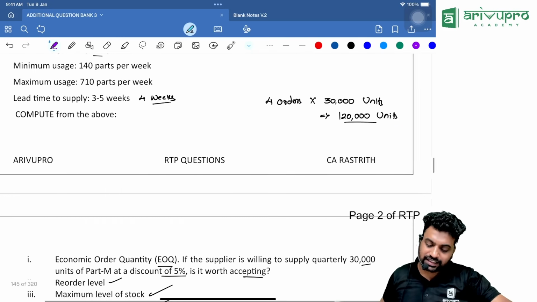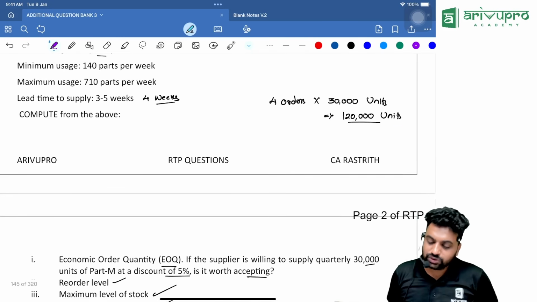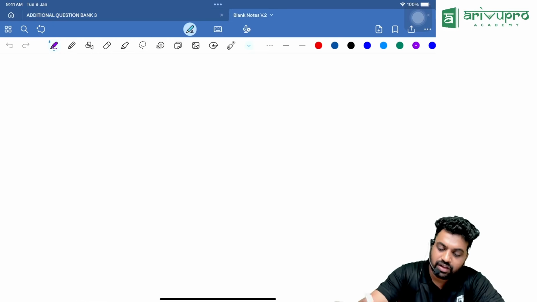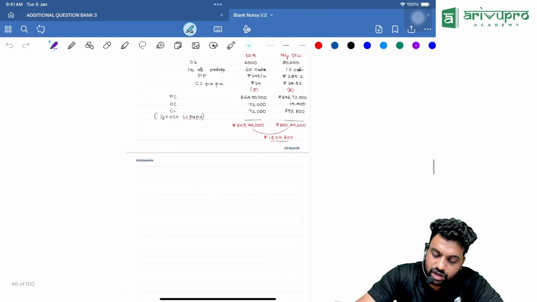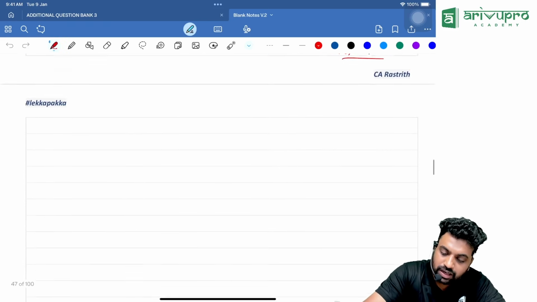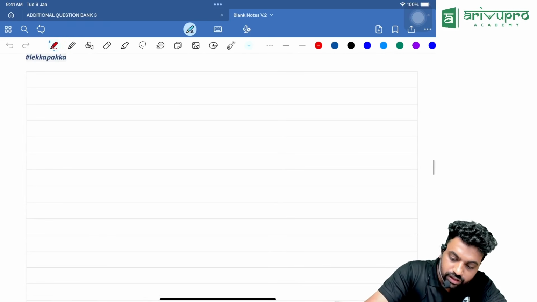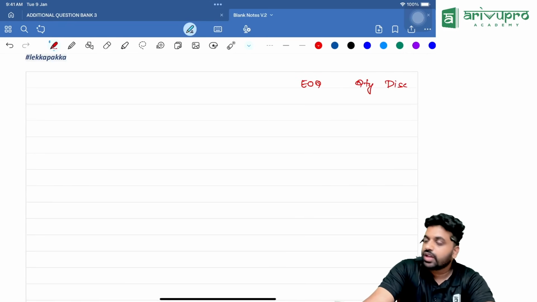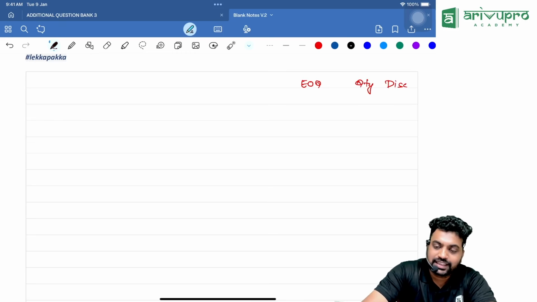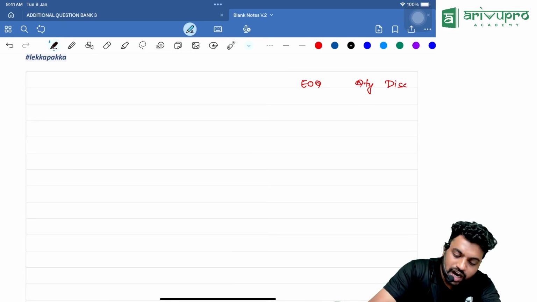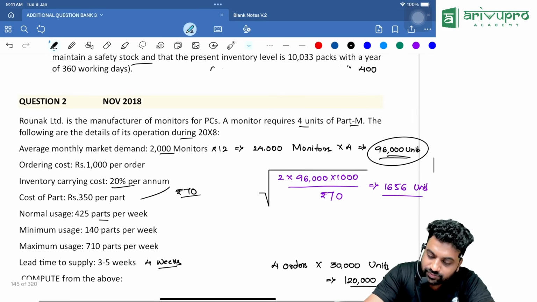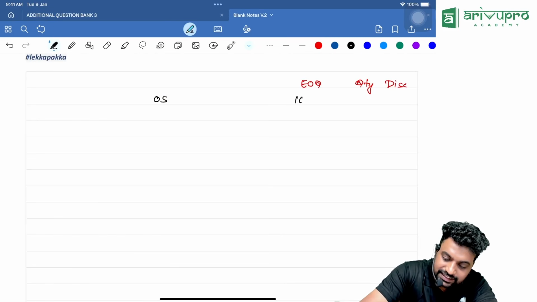Now they are also asking us, if the supplier gives you the offer, will you accept or not? For that, what should we do? A cost comparison table: EOQ and quantity discount. First, order size. In case of EOQ, order size is 1656.